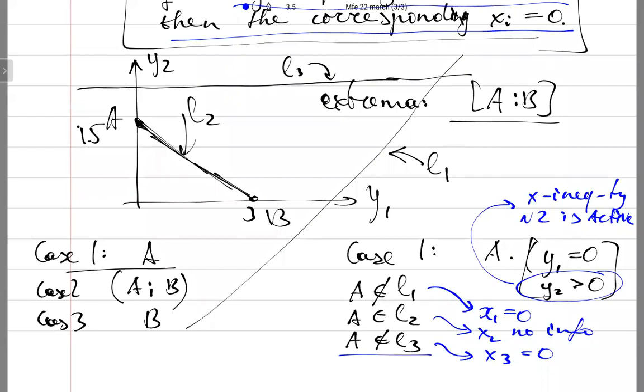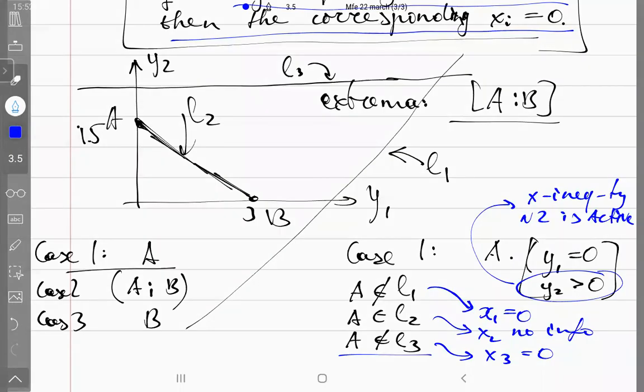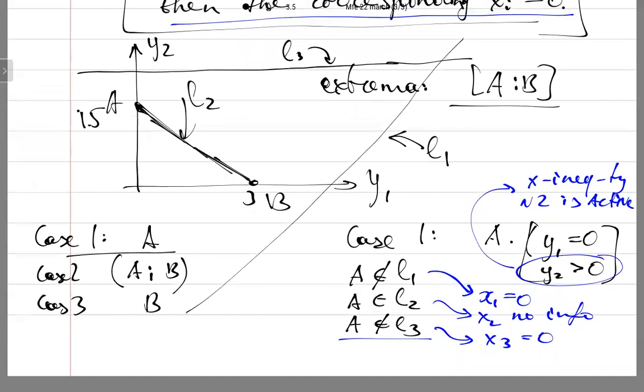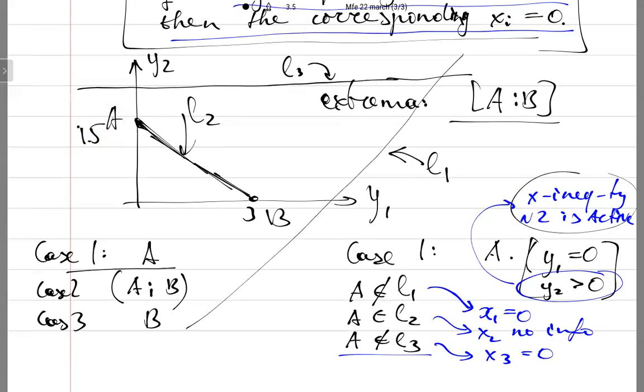Let's recall what inequality number 2 is. Let me see my notes. It was minus x1 plus 2x2 plus x3, and it should be equal to 2.